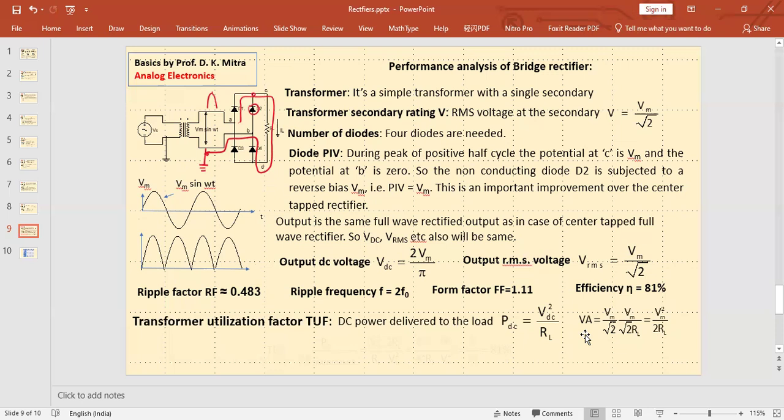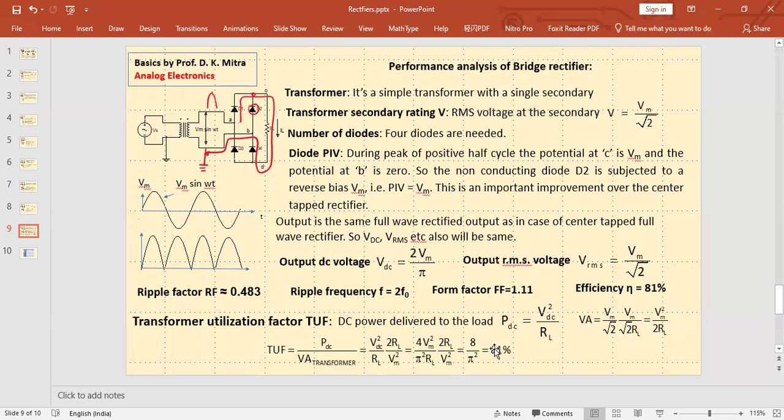The VA rating of the transformer is the RMS voltage, Vm by root 2, multiplied by the current, which gives Vm squared by 2RL. So the transformer utilization factor is the DC power, VDC squared by RL, divided by the VA rating of the transformer, Vm squared by 2RL, which becomes 81%.